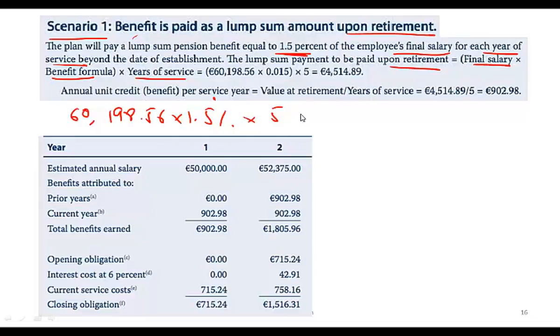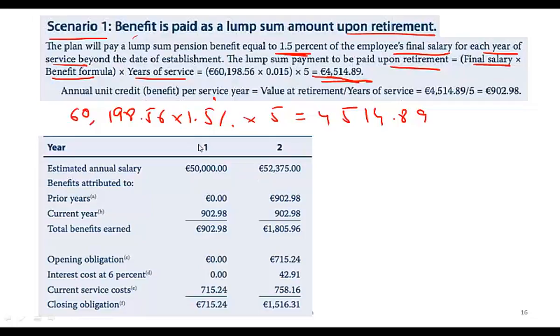So essentially what he is going to get at the end then is this number, 4514.89. This is his pension benefit, is this amount. This is what he gets at the end of 5 years.